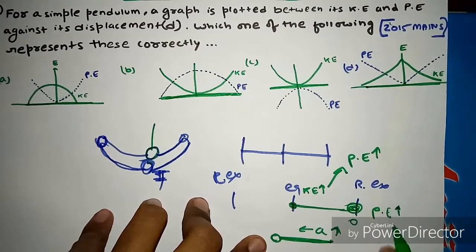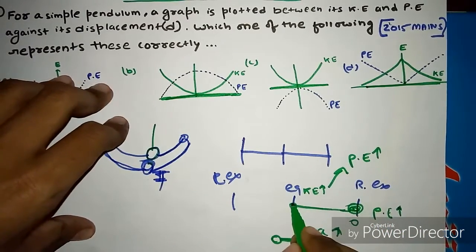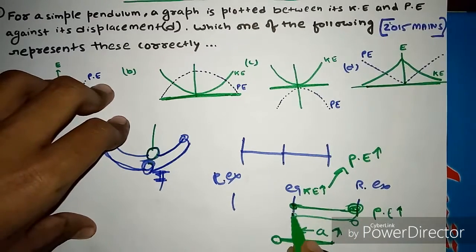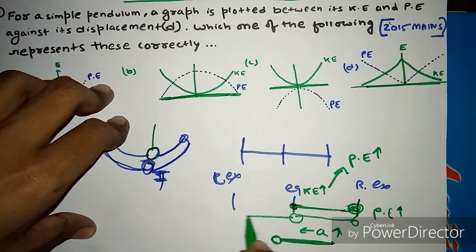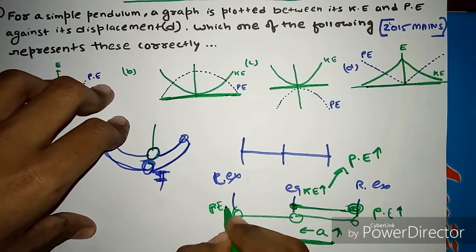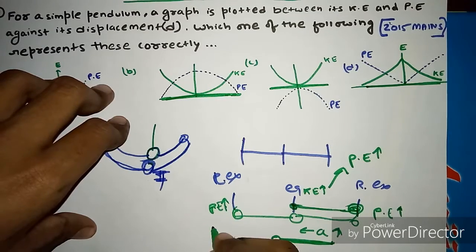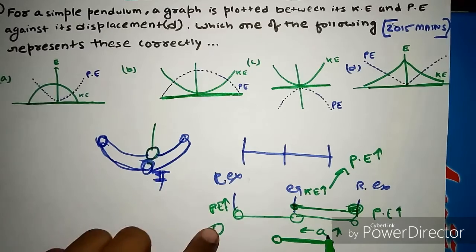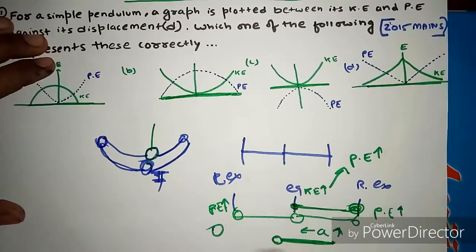Then it comes back to the equilibrium position, then goes to the left extreme, where again it has maximum potential energy and zero kinetic energy. So what do we get here?